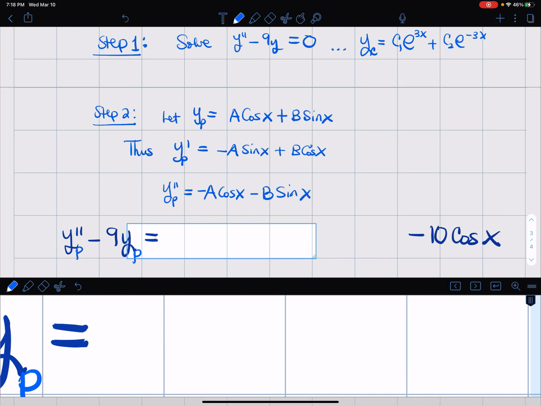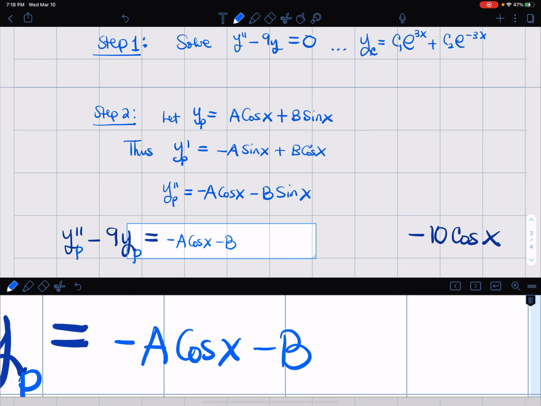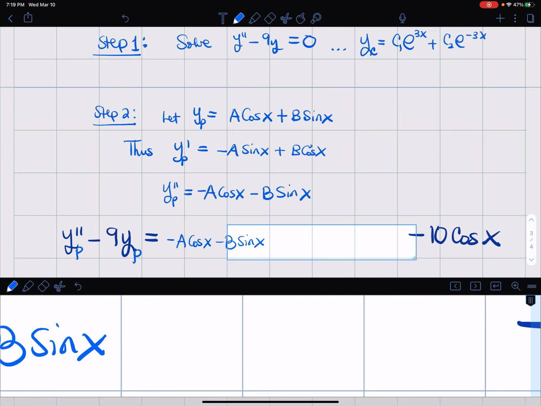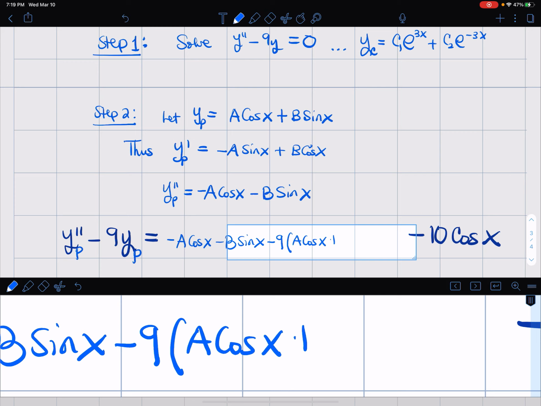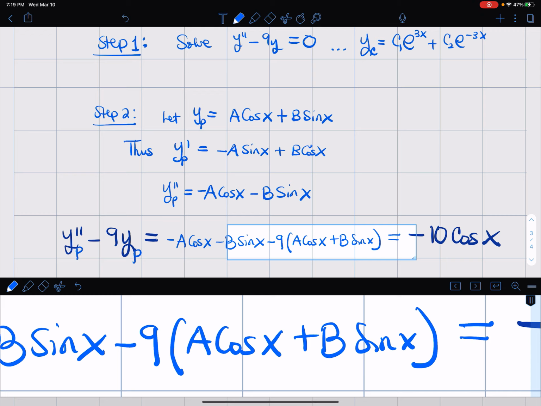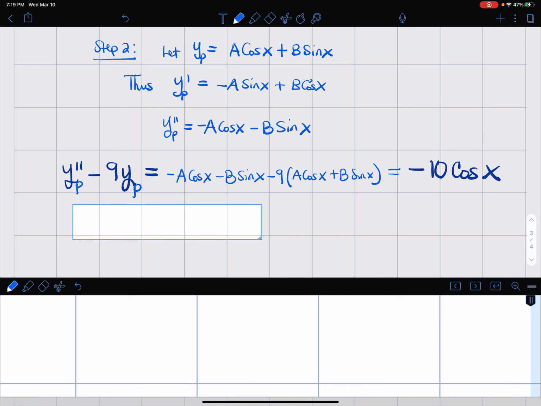So yp double prime is negative a cosine of x minus b sine of x, plus 9 times a cosine of x plus b sine of x, and all this is equal to negative 10 cosine x.